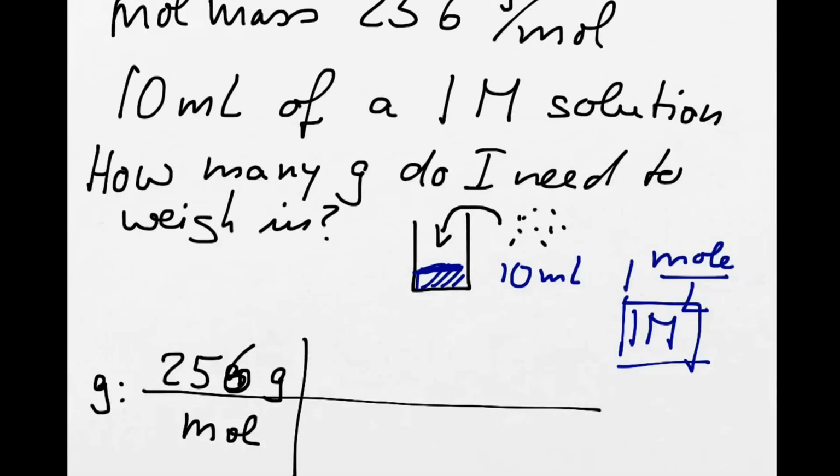Now we have to get rid of the mole. Do we have anything where we've got a mole in it? 1 molar, exactly, because that means 1 mole per liter. So let's put that in. 1 mole per liter. You see what happens?